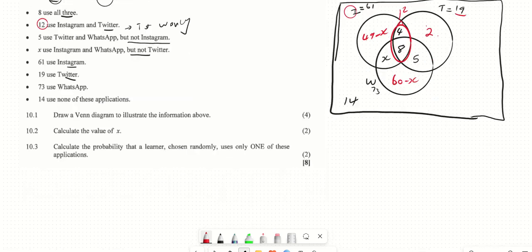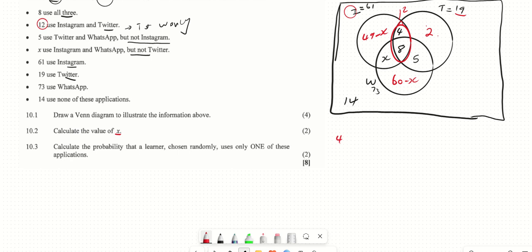Now they say calculate the value of x. Remember that if we add everything, it must give us 100. When we add only what is inside the circles, it should give us 86.